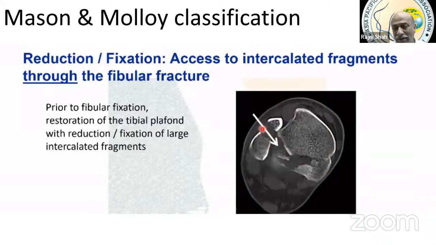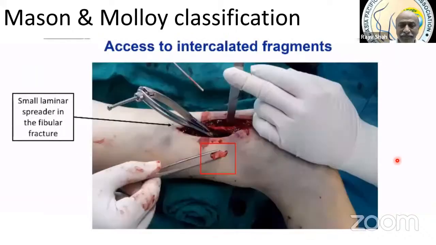Whereas Professor Deshpande said you could put in K wires and leave this K wire as a lost K wire. So this is how you access the intercalated fragments. This is again a lamina spreader into the fibular fracture, and you have displaced it, and the intercalated fragment is removed outside as shown in this paper.